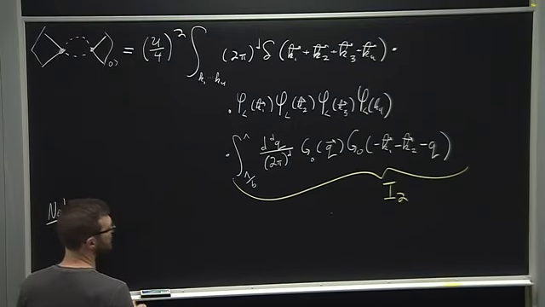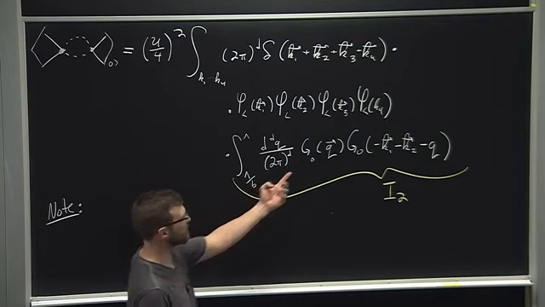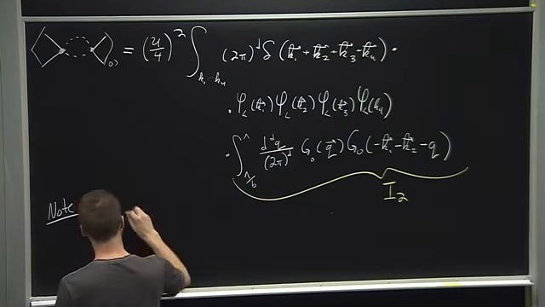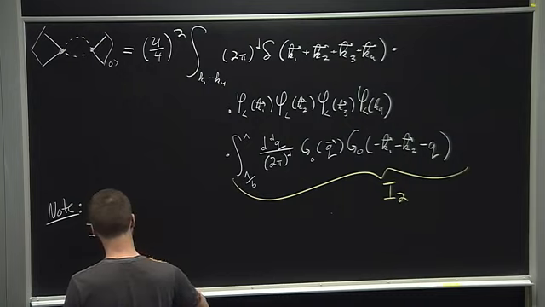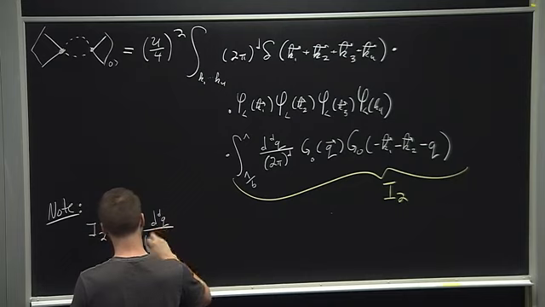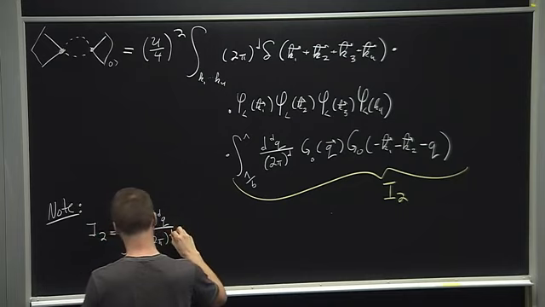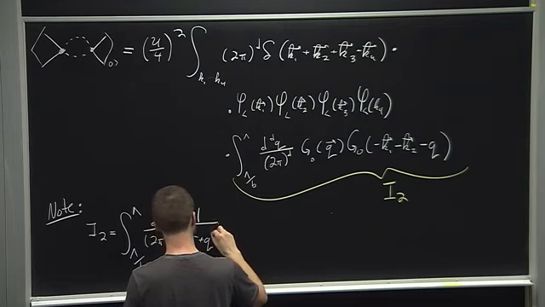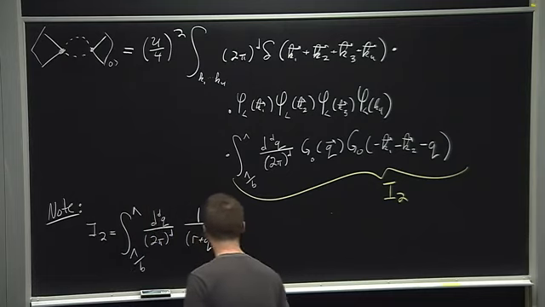So we've done one of these types of integrals before. I think it just had a single G naught in it. So let's see, it was like this, right?